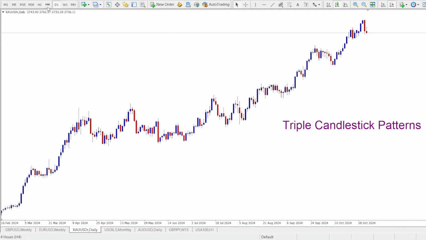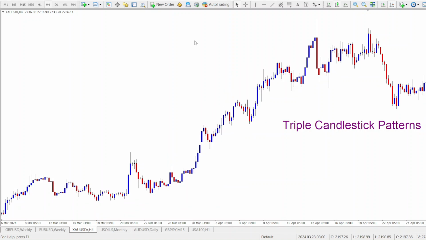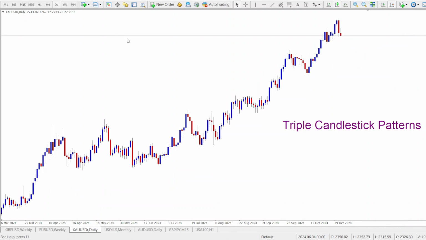If you find it on the 4-hour chart, it means it's the price behavior over 12 hours. That is three 4-hour candles. If it's on the 1 hour, it means it's over 3 hours. By tracking these patterns, you can start recognizing when the trend might be running out of steam or gaining momentum, helping you make more informed trading decisions.